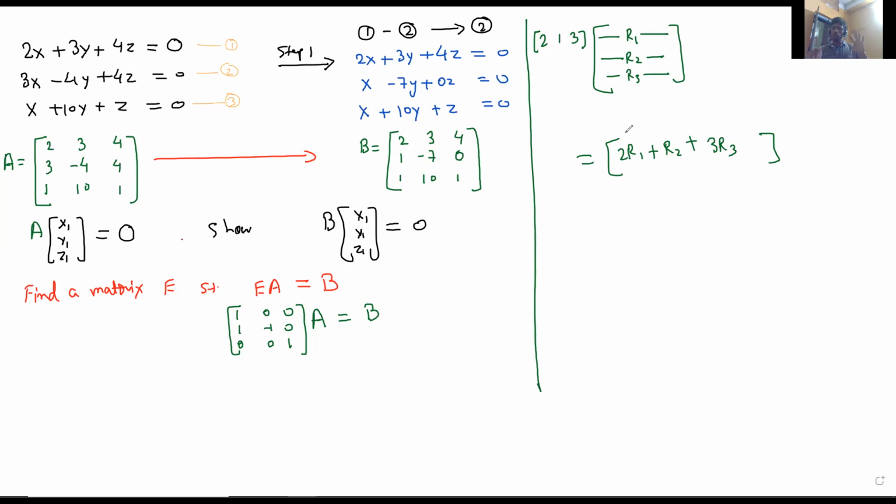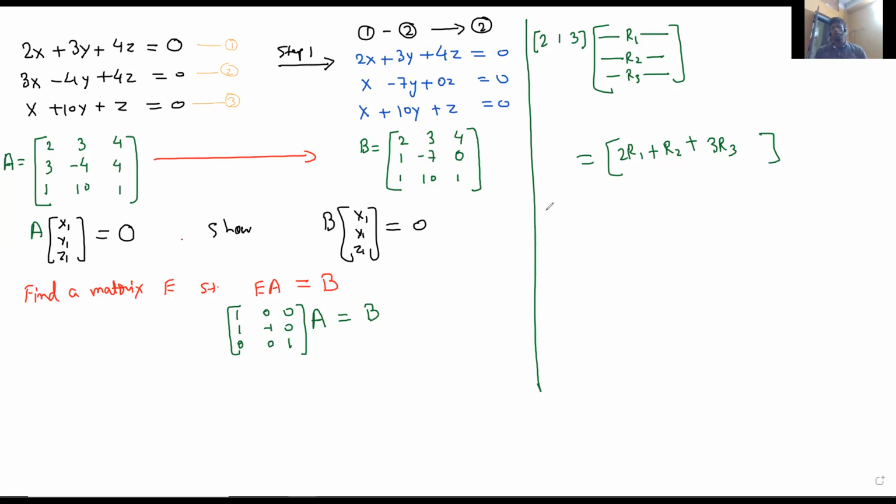We put that as a rule because it's a very useful thing to do, and when we practice it a lot we apply it in engineering. But here we should understand it because we have to also use it in interesting ways. So we are doing 2 times the first row, 1 times the second row, and 3 times the third row, and that's how we get this.